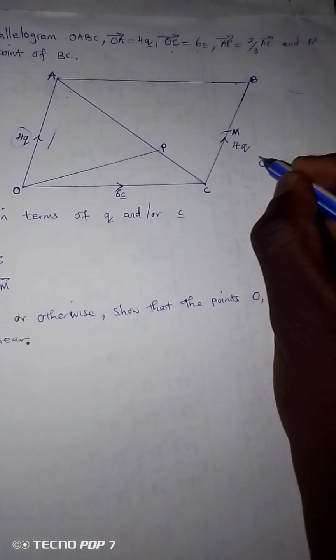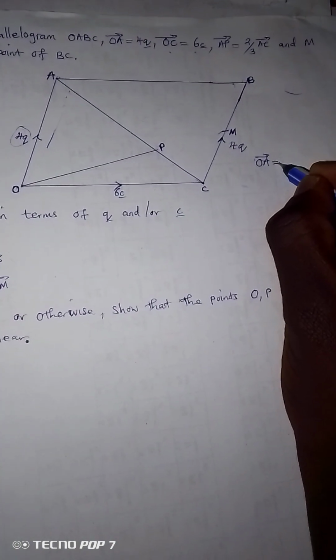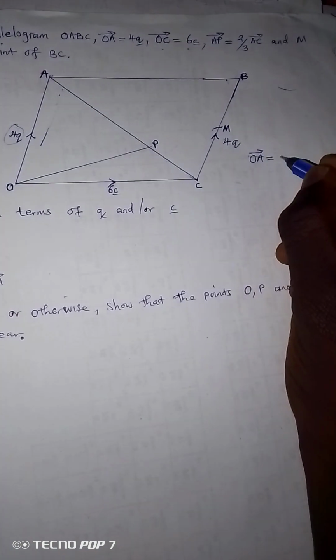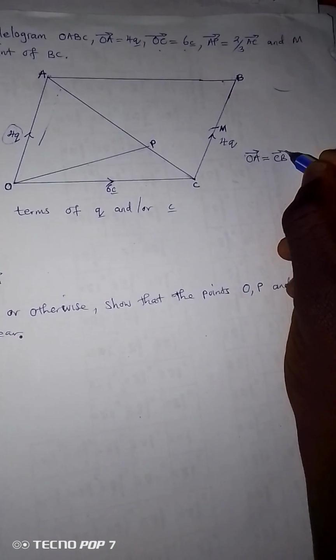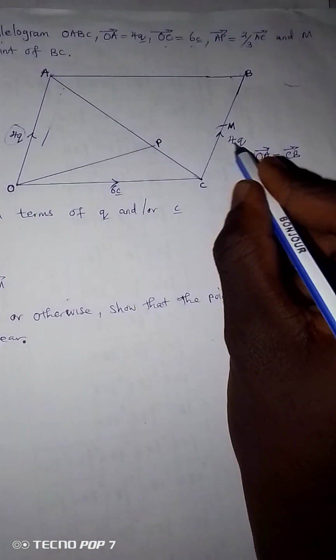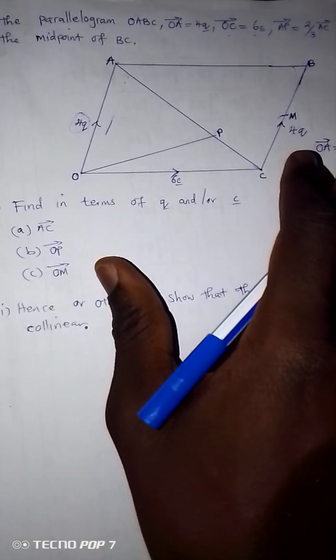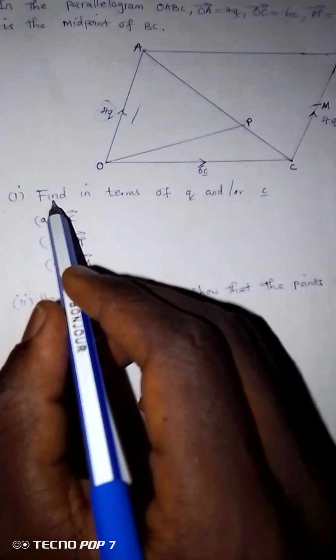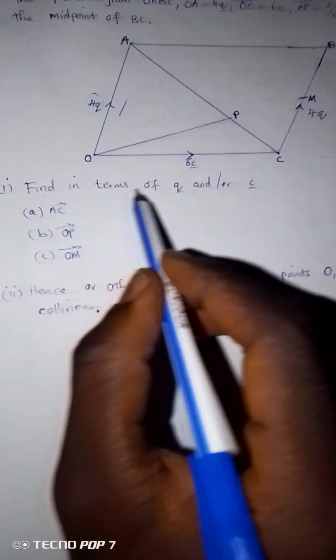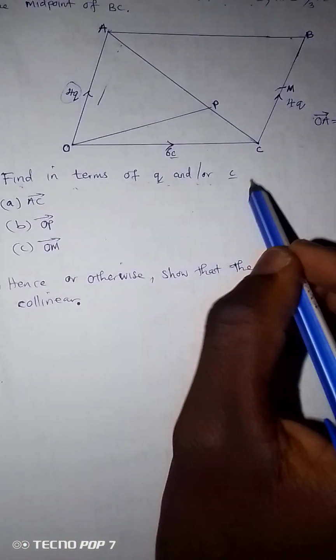So you write vector OA is equal to vector CB. That's the way it is. They are just the same. That's how parallel lines work. So now the first question: find AC in terms of Q and C.